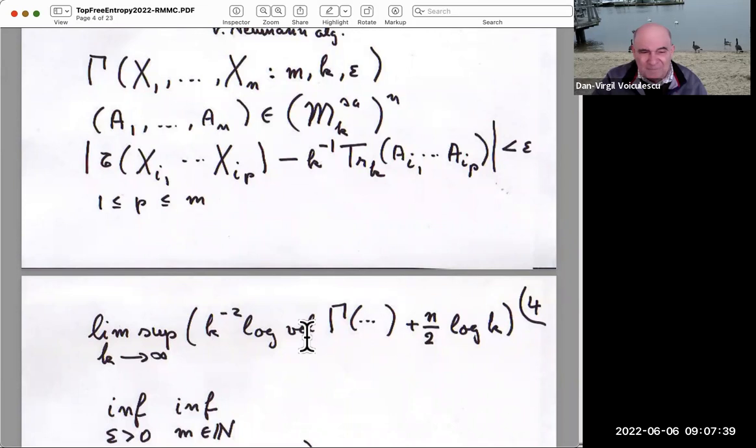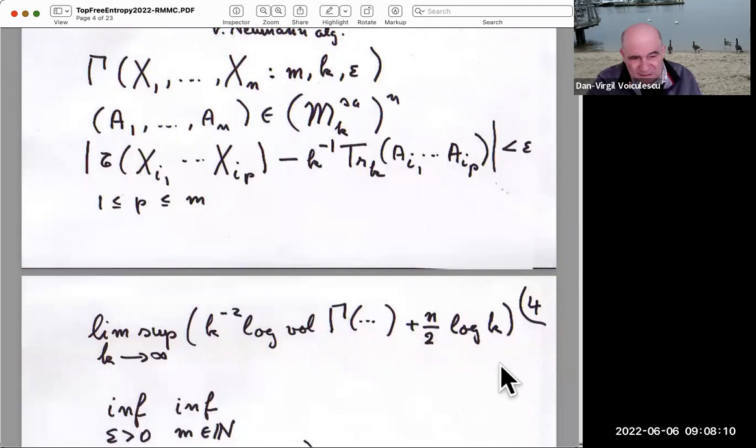The volume is with respect to the Hilbert space structure on the matrices coming from the Hilbert-Schmidt norm. And it's the log of the volume, and one divides by k squared, and there is also this additive correction here, n over 2 times the logarithm of k, and one takes the lim sup as k goes to infinity.